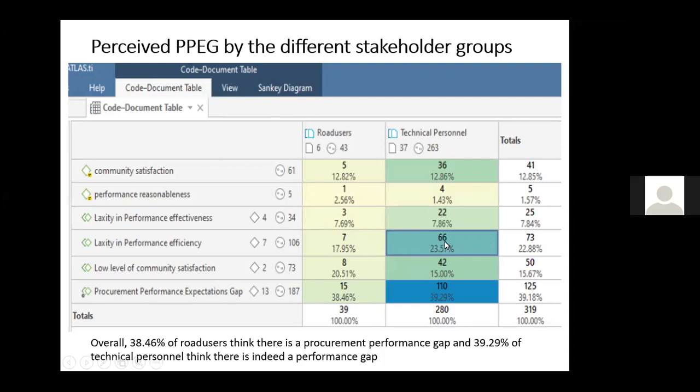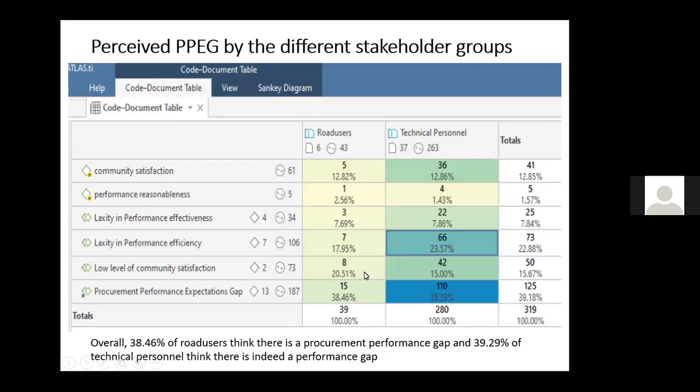And then, according to the technical personnel, the gap is 39.29%. So here you can clearly see that even the technical personnel believe that they have not attained 100% performance expectation, creating a gap of 39.29%.